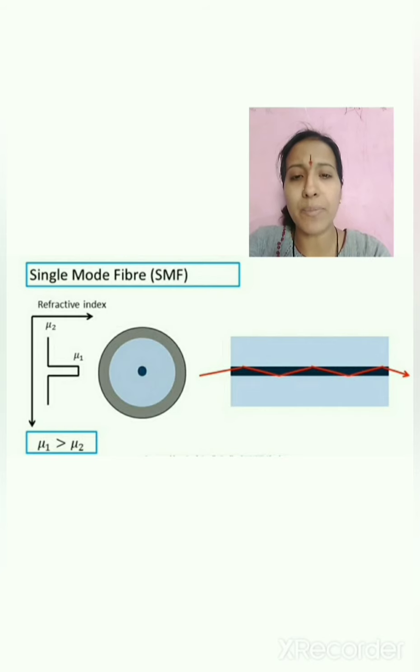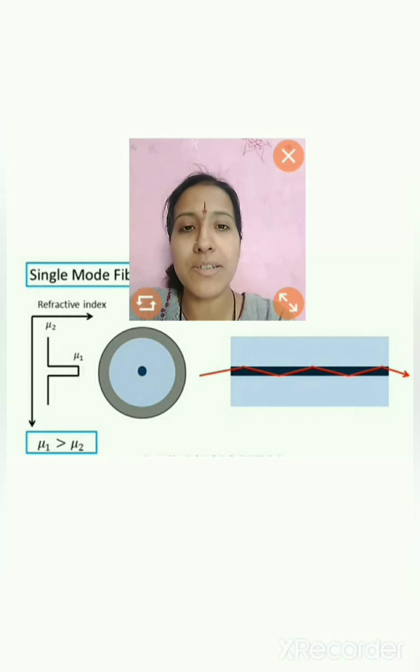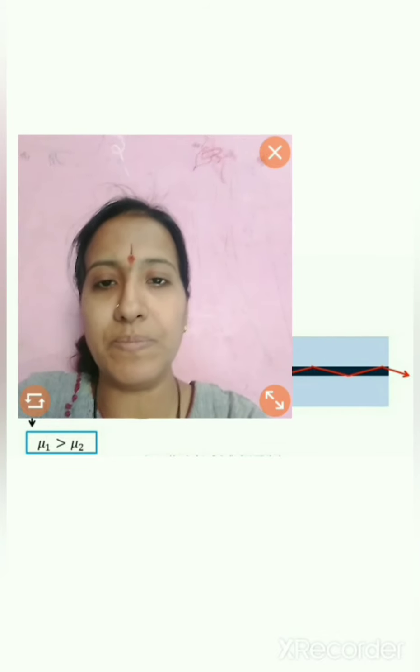The central part is the cross section of the optical fiber, and the left diagram helps us understand the meaning of step index. This diagram is quite difficult to understand, step index. Let me tell you how this has to be understood clearly.